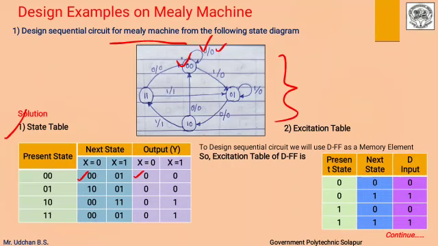After that, when state is 0 0 and we apply input 1, it goes to state 0 1, shown over here. When input is 1, present state goes to 0 1, and the output value is 0. So when x is 1, the output will be 0.